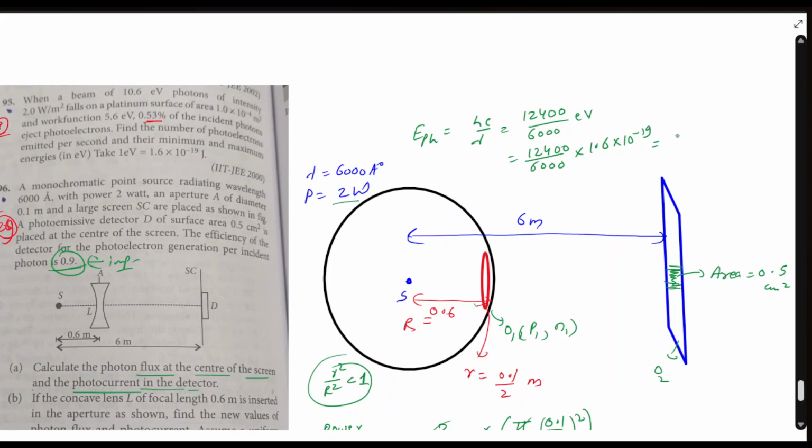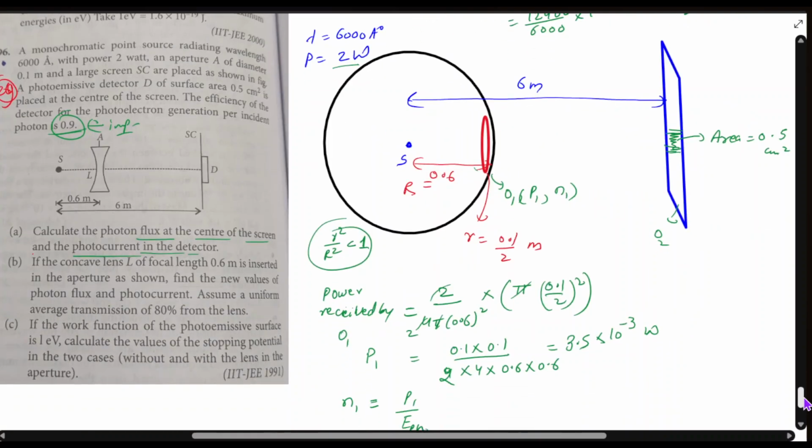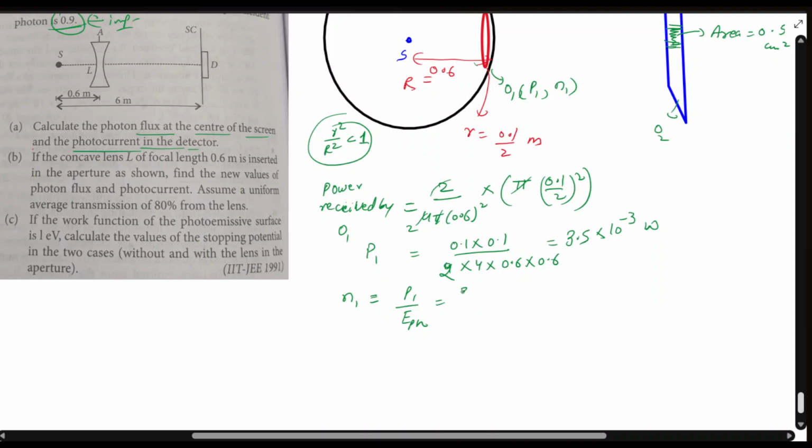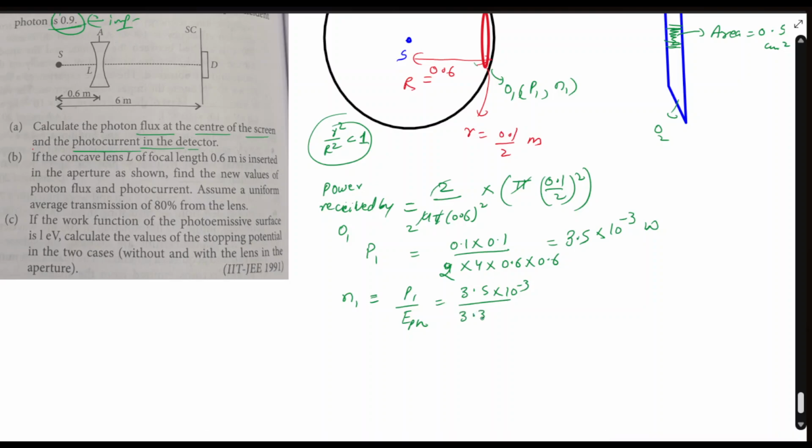So we get 3.3 into 10 to the power minus 19 joules. Then we divide: 3.5 into 10 to the power minus 3 divided by 3.3 into 10 to the power minus 19. So how much do we get?